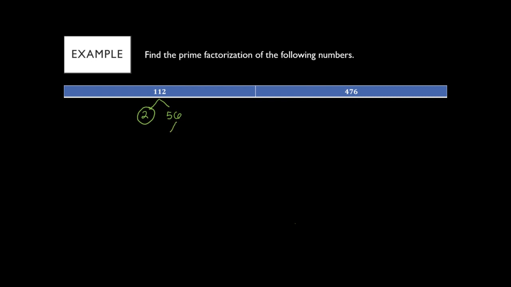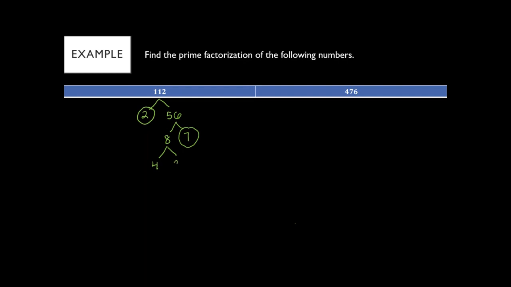So then 56, that is one of the numbers that I'm really bad at with multiplication because I get 54 and 56 confused all the time. But 56 is 8 times 7. So 7 is a prime number, so I'm going to circle that, but 8 I can split up.